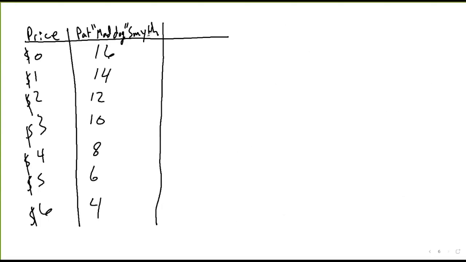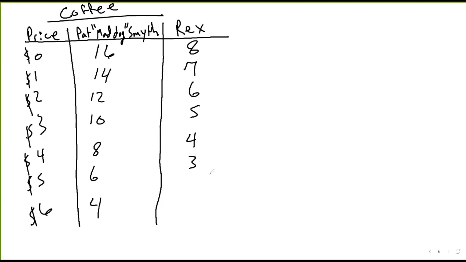Now, in reality, there's not just one person buying and demanding coffee. We have multiple buyers of coffee in one market. And so if we add another individual to this demand schedule, how about Rex, and let's say Rex has half as much coffee as Pat, right? Rex is not a mad dog.